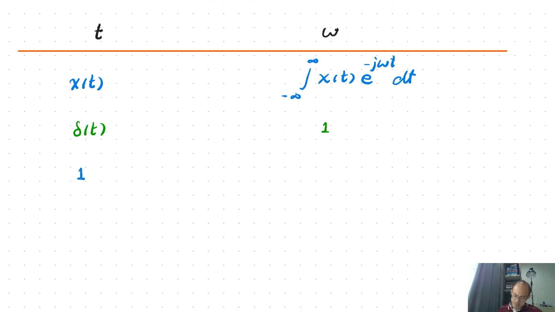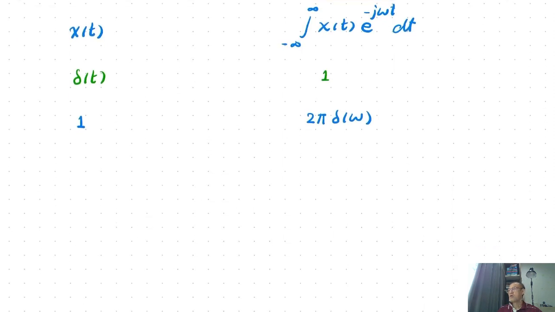The DC signal of 1 has the Fourier transform of 2 pi delta. e to the j omega 0 t has the Fourier transform of 2 pi delta omega minus omega 0.